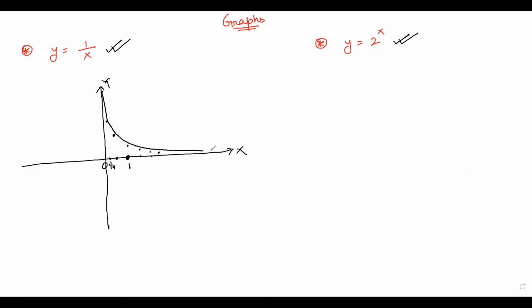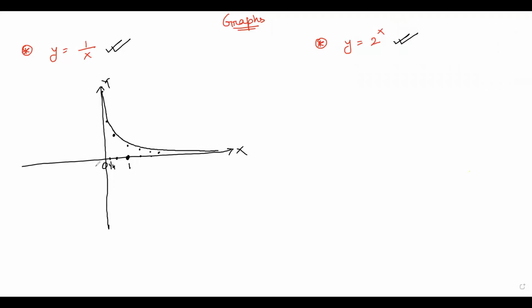Now, if we join all these points, we'll be getting this graph. That is, for values of x which are closer to 0, y is attaining a very high value. And as we keep on increasing the value of x on the right side, the value of y is decreasing. And for very high values of x, the value of y will be tending towards 0.